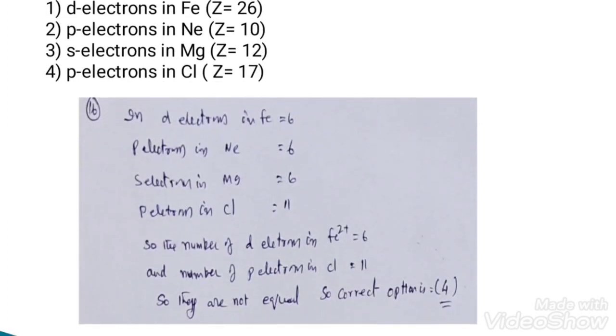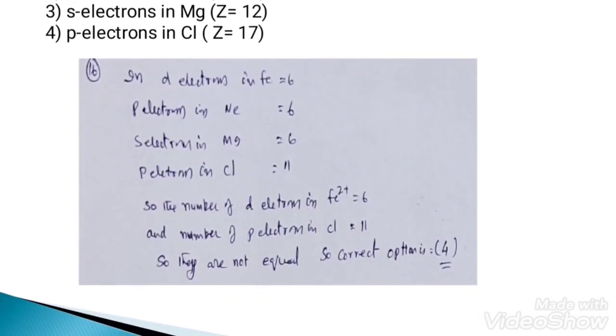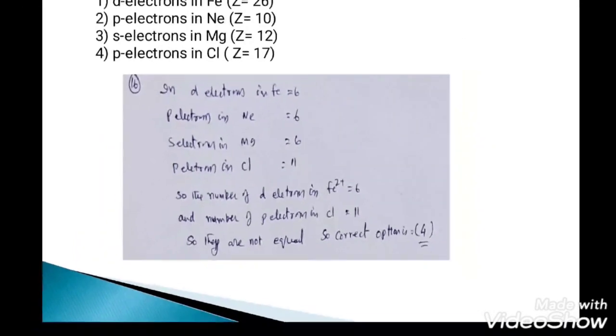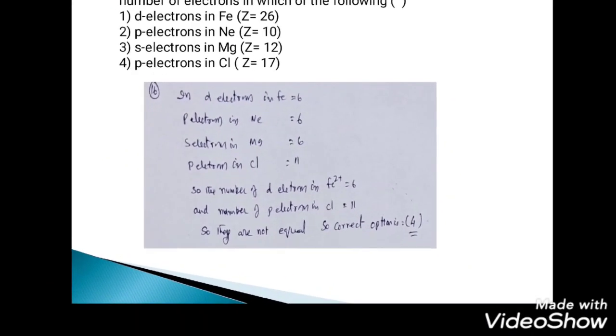Number of electrons in magnesium is equal to 6. For that you have to see the electron configuration of these elements, so that we can easily find out that p electrons in Cl is equal to 11.